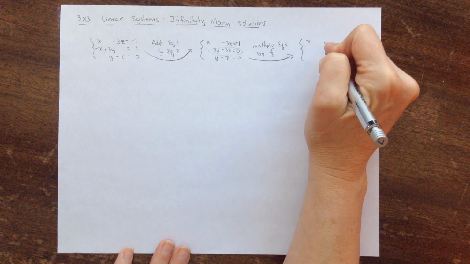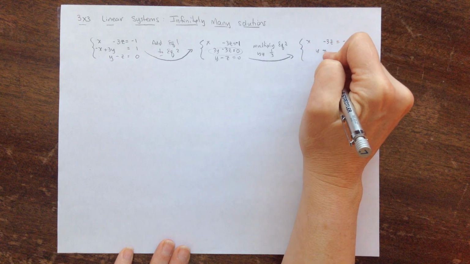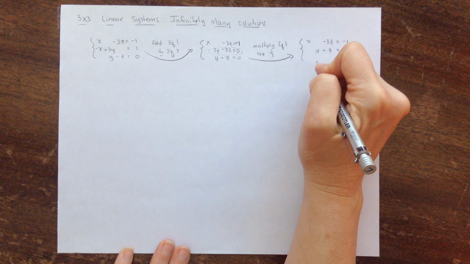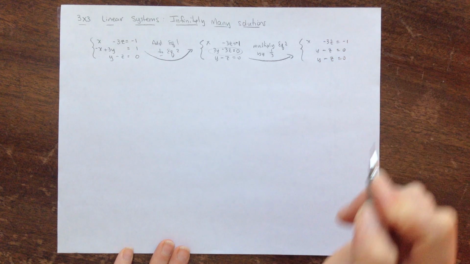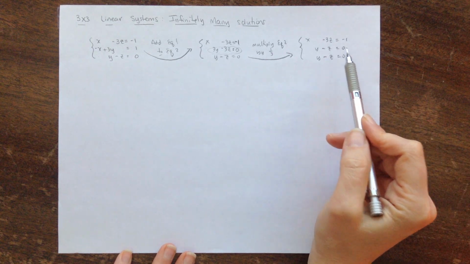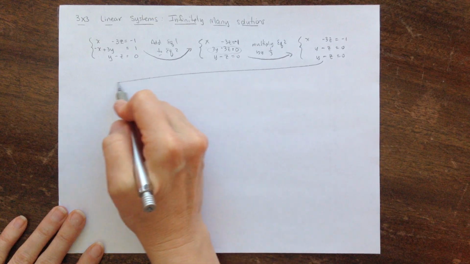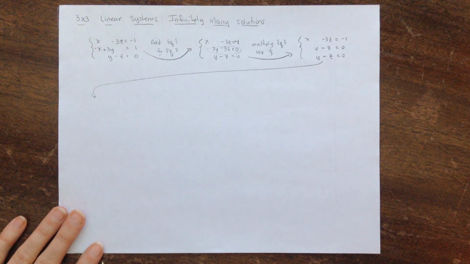And so you'd have x minus 3z equals negative 1, y minus z equals 0, y minus z equals 0. And just listening to me say that, you probably noticed that you have 2 copies of the same equation, essentially. But let's go about this as though we didn't notice and just continue on our way getting that stair-step look.